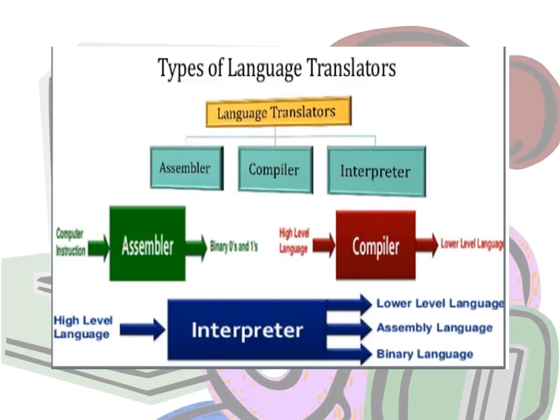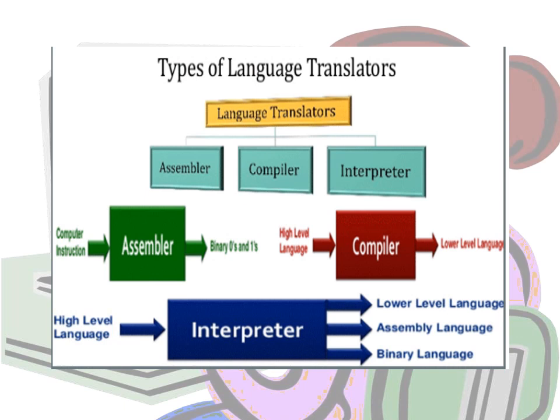Now, next, what is the difference between assembler, compiler, and interpreter? So now I have shown it in this format. Now assembler, you can see over here. Assembler translates the assembly language into machine code, and it uses processor instructions to convert. And then compiler translates high level language into machine code, or it can also translate into low level language.